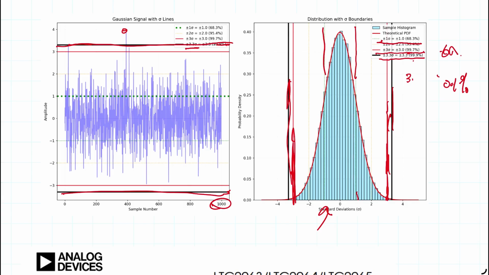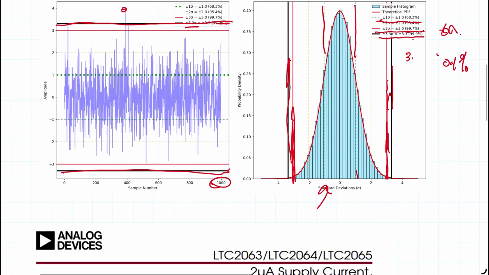Now since standard deviation is the RMS value when the average is 0, and here we have average equal to 0 for noise signals, we can relate the RMS value to the peak-to-peak value with the standard deviation.